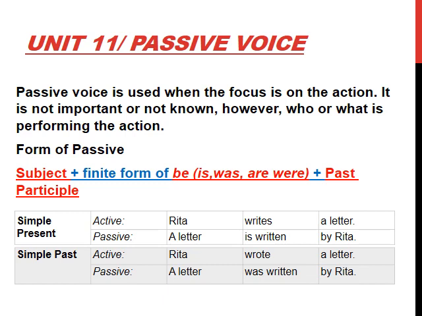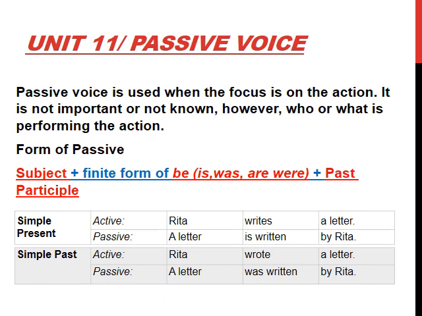What we are doing here is to omit the subject, putting the object, which is the letter, and support it with the verb be, which is, and then the past participle of the main verb, which is written from the verb write. We can say by Rita, or you can delete it as you like.